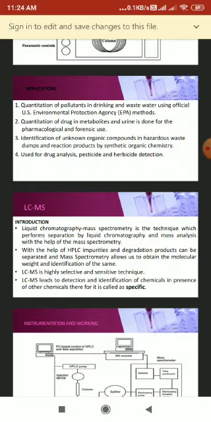With the help of HPLC, impurities and degradation products can be separated, and mass spectrometry allows us to obtain the molecular weight and identification of the same. LCMS is a highly selective and sensitive technique. LCMS leads to detection and identification of chemicals in presence of other chemicals. Therefore, it is called specific.